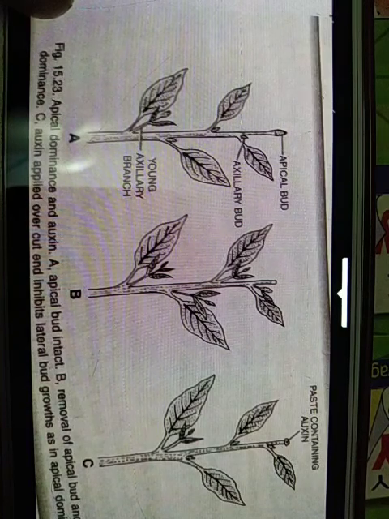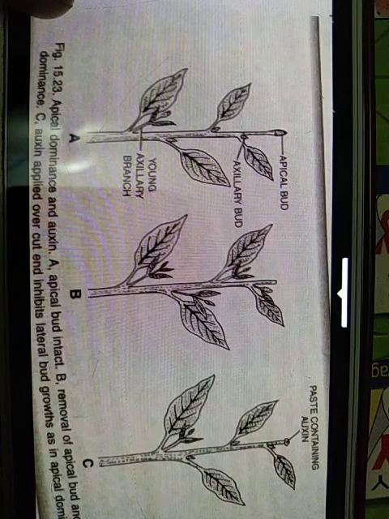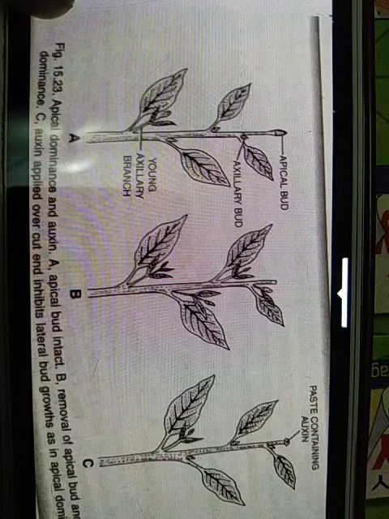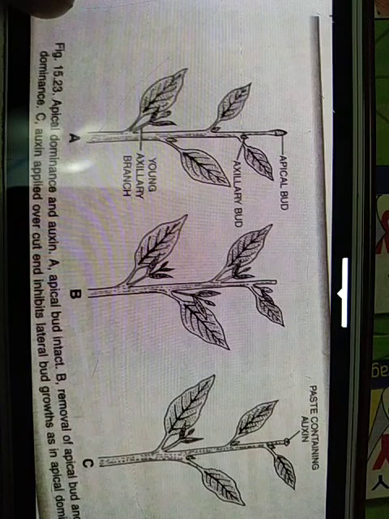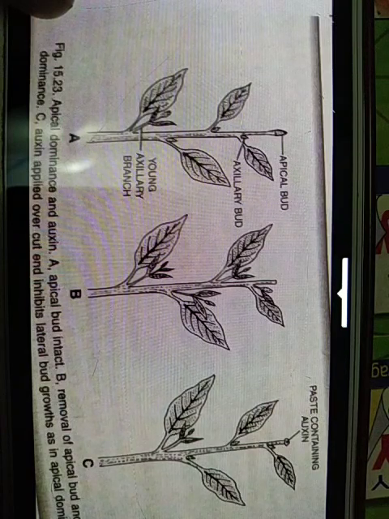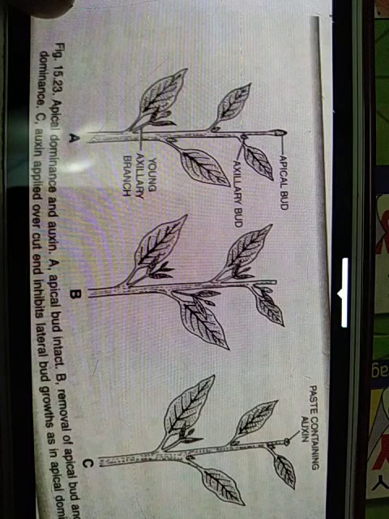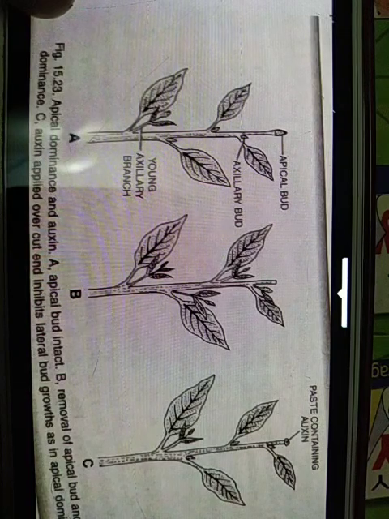The apical bud inhibits the growth of lateral buds by releasing auxin. It is confirmed by painting the cut end of the decapitated shoot with a paste of auxin. The lateral buds remain inhibited, as if the apical bud is present.